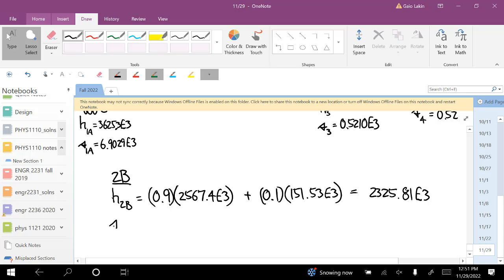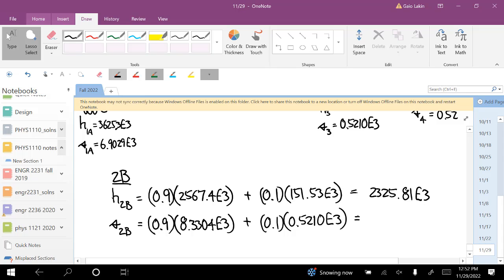And you can do the same thing with entropy. So S2B is 0.9 times the entropy for the saturated vapor, which is 8.3304 times 10 to the third, plus 0.1 times 0.5210 times 10 to the third, and you get 7.5495 times 10 to the third.